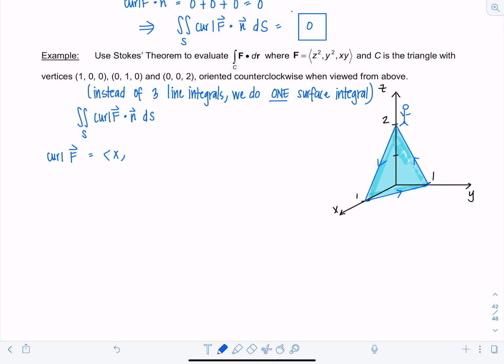You'll get x, 2z minus y, and 0. Where to go from here? Remember, you're going to evaluate a surface integral, a double integral, so you only want two variables in the game. So look at the surface, right? I need the equation of that surface so I can get rid of one of my variables. And I showed you that sneaky way to come up with the equation of a plane so you're not wasting time making normal vectors and crossing them, right?